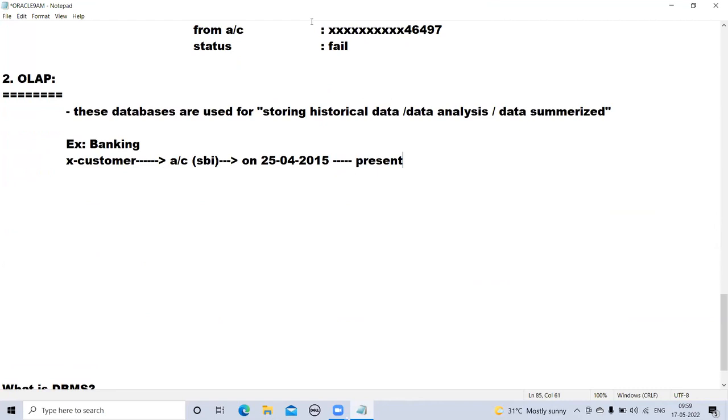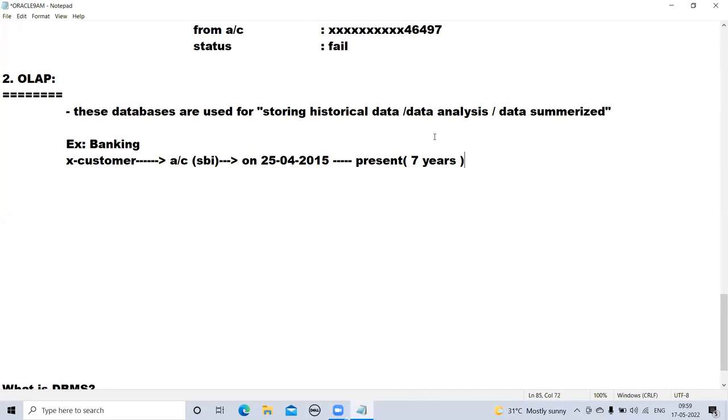From 2015 to present, total almost 7 years. Yes or no? 7 years.